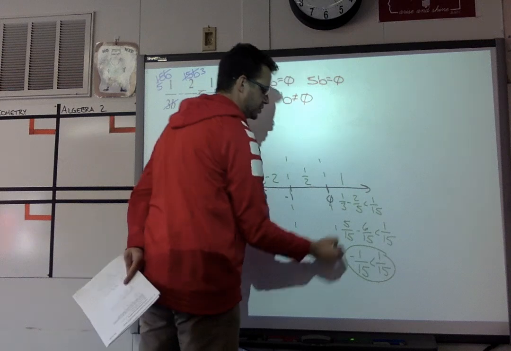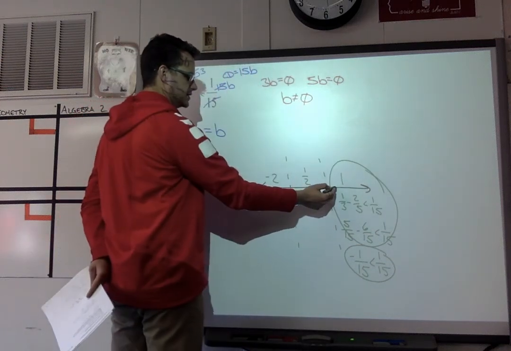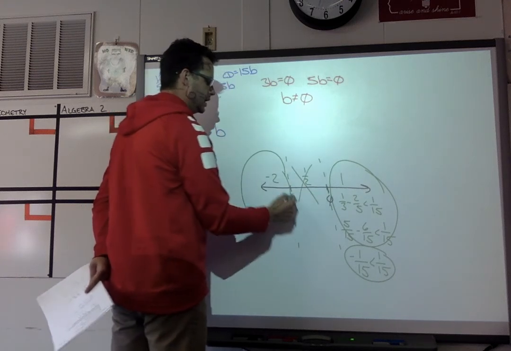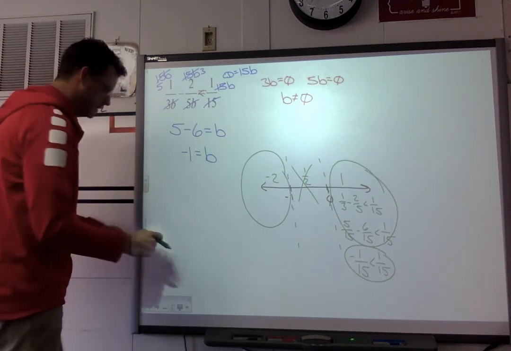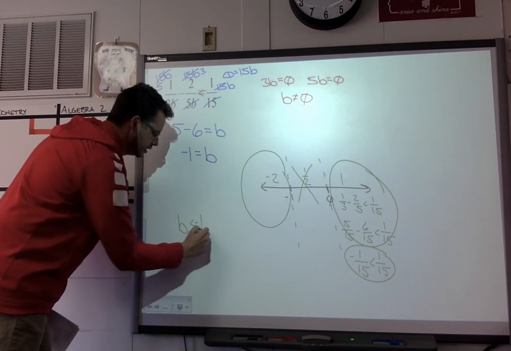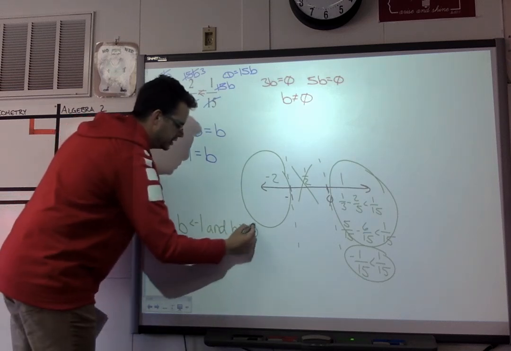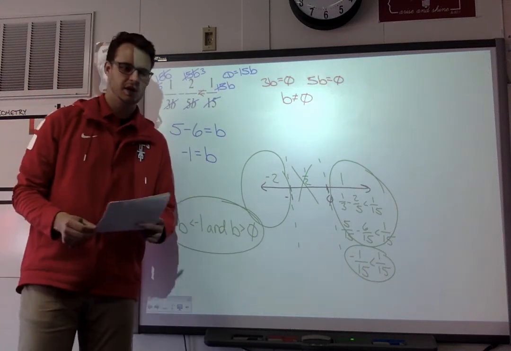Since this is true, that means this interval works. Since this one works, that means this one will also, and our middle will not. So our solution here would be b is less than negative 1 and b is greater than 0. That would be our solution.